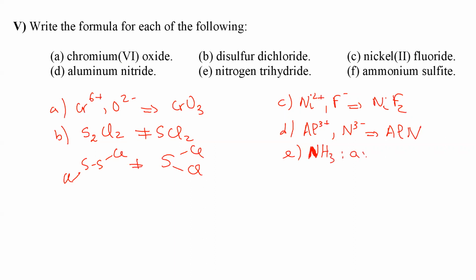And this is also known as ammonia. You should know this one too. And F, the ammonium, we know it, ammonium ion, NH4 plus, and sulfite, SO3 2 minus. So it's going to be NH4 2 times SO3.